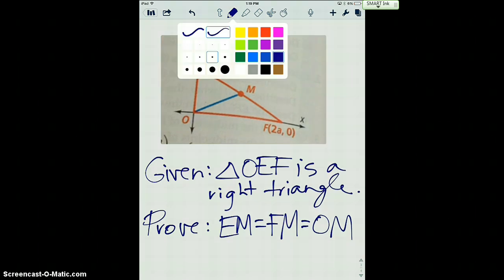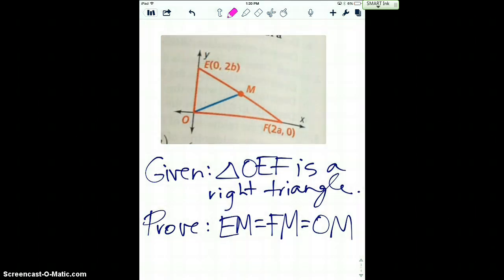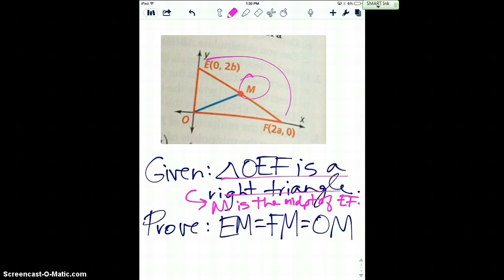And I'm going to insert one other thing in there because in the given it not only tells me it is a right angle, it also tells me one other thing in the problem, and that is M is the midpoint of EF. M is the midpoint of EF is given.